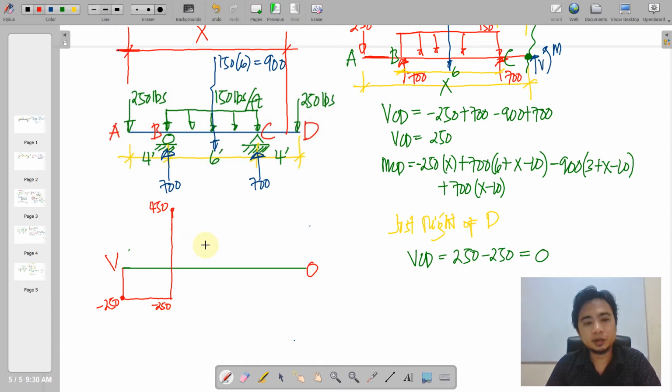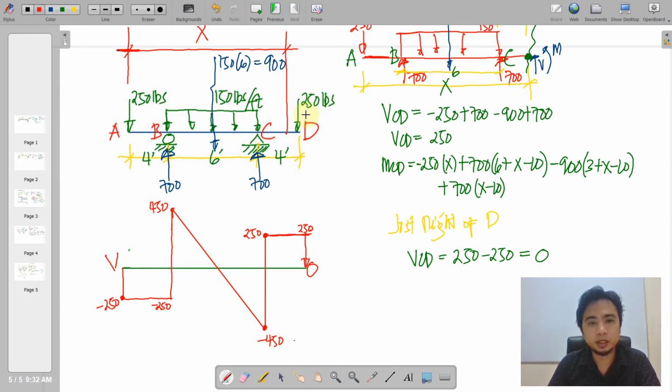We have a positive 450, and then we deduct this area here, and that area is 150 by 6, that is 900. 450 minus 900 will yield negative 450 at this line. And then we add here 700 units going upwards. It will yield positive 250. No load, it will remain 250, and the concentrated load here will yield 0.